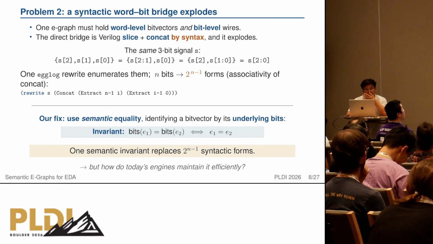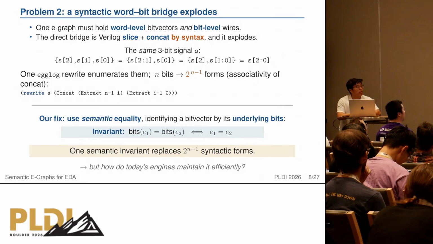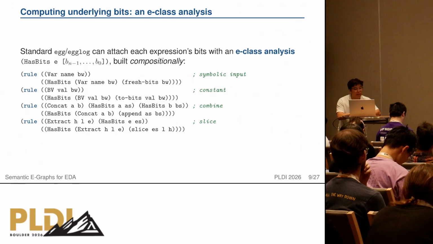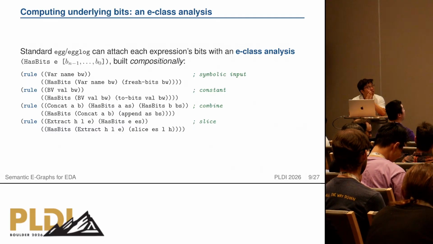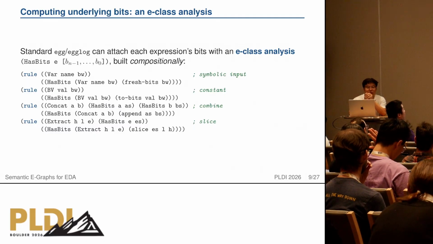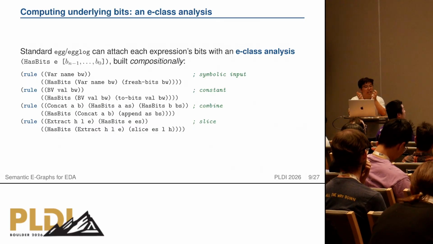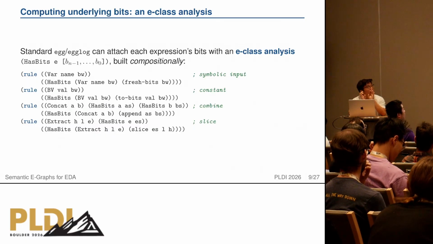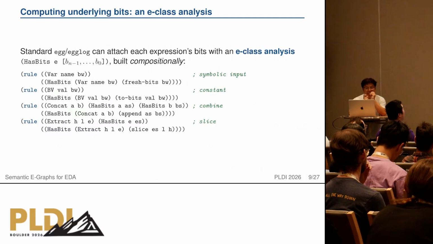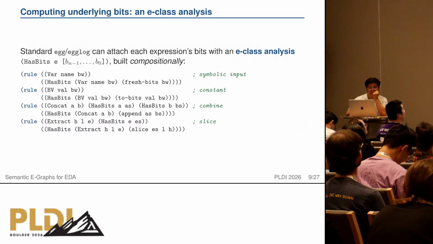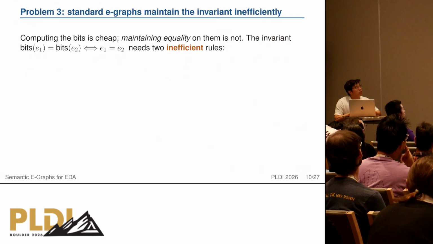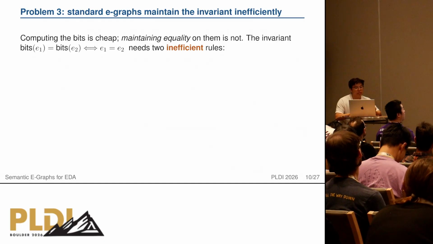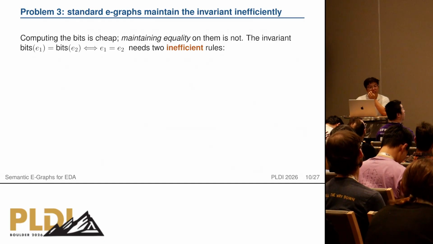So there's another question: how do today's engines maintain this invariant efficiently? Actually, we can do an implementation within the e-class analysis framework. We can make a relation of has-bit from a bit vector to its concrete bits. However, it's not efficient. Computing the bits directly is cheap, but maintaining the equality is not.